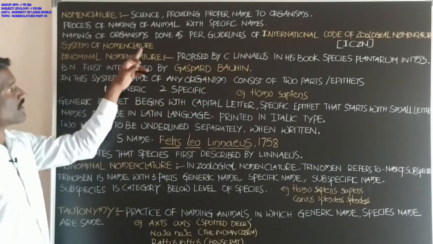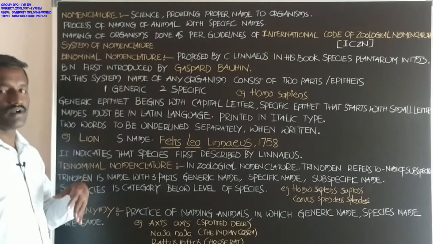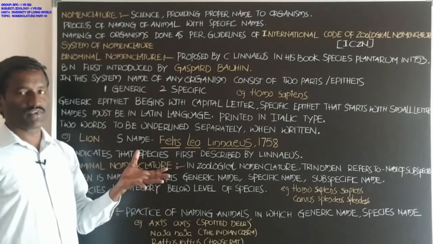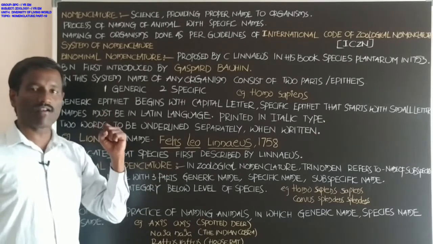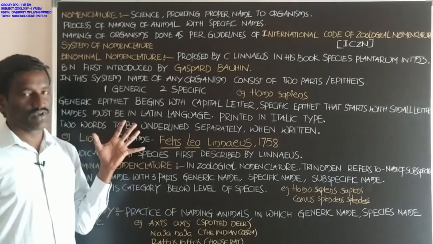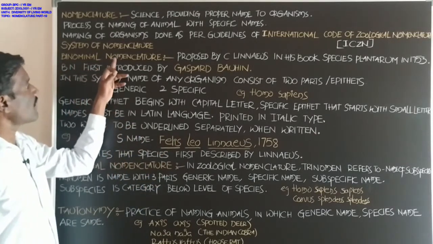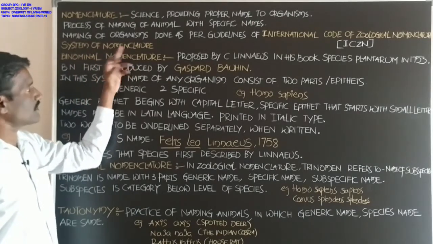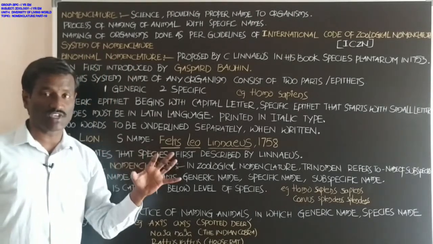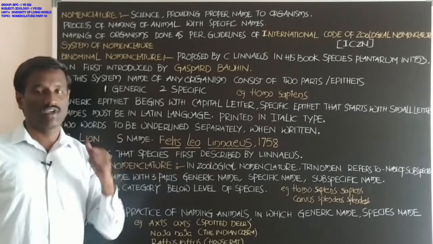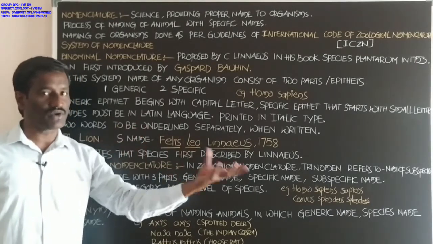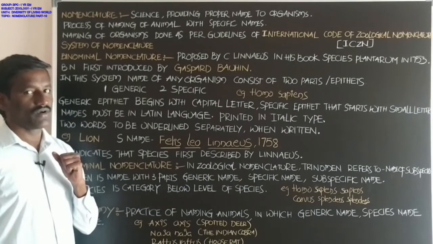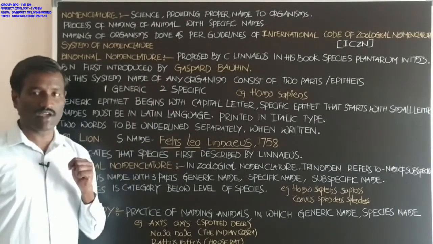Next, the system of nomenclature. The system of nomenclature is mainly binomial nomenclature. What is the procedure involved in naming an animal? The scientific name is given to the animal as per the guidelines of ICZN.